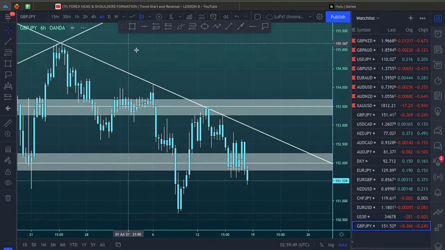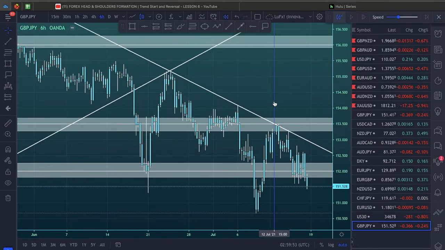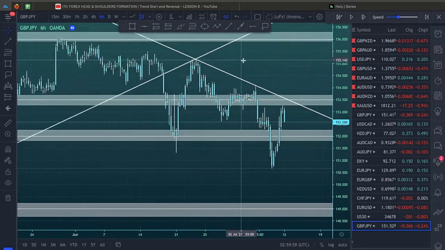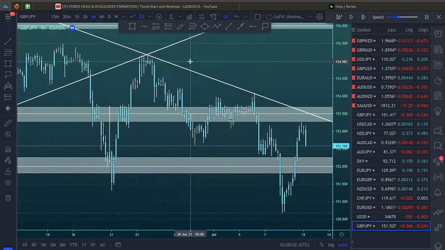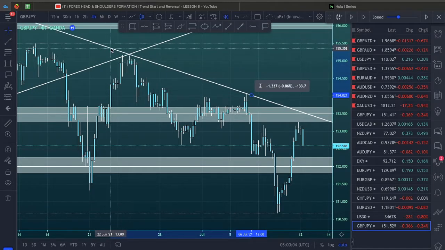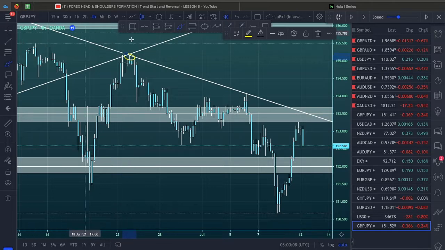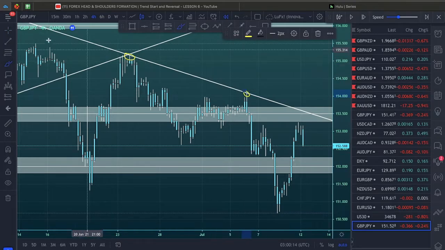Actually, I definitely forgot to take it back, so let me take it back here. So this is just 2 points, not 3 points, right? So we connected this point. 1 touch and 2 touch, right? So we have 1 touch, 2 touch.